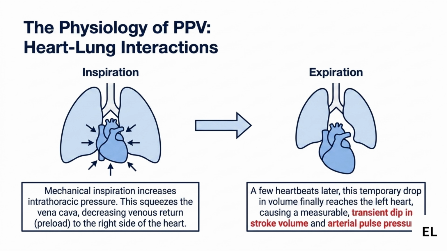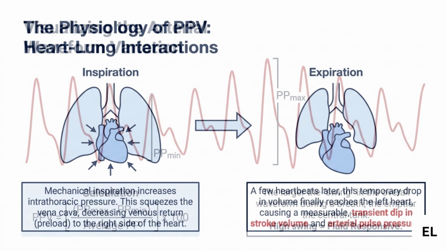After a short delay of a few heartbeats, this reduced volume reaches the left ventricle, resulting in a transient decrease in left ventricular stroke volume. Consequently, arterial pulse pressure falls. During expiration, venous return improves, stroke volume rises again, and pulse pressure increases. These cyclical respiratory changes form the physiological basis of pulse pressure variation and allow clinicians to assess fluid responsiveness in appropriately selected patients.